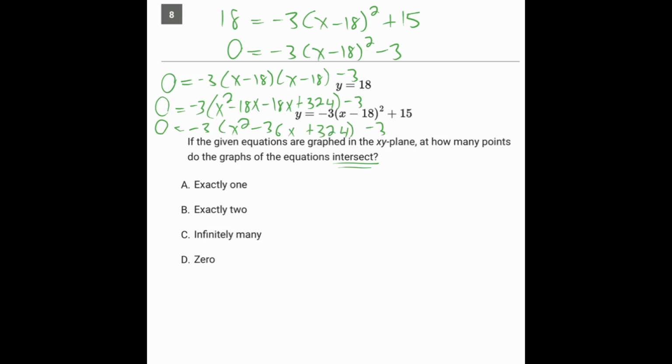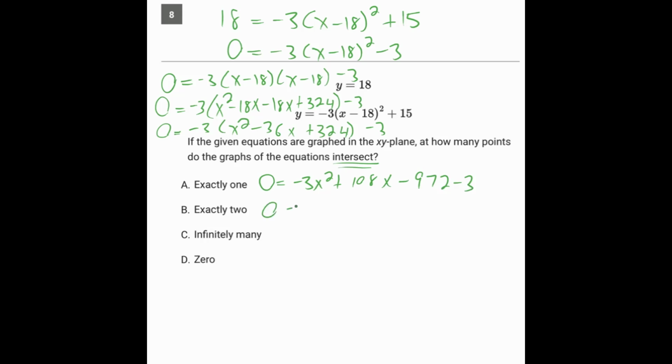And now, just clean this up a little. Now we can distribute the negative 3. Negative 3x squared plus 108x minus 972 minus 3.